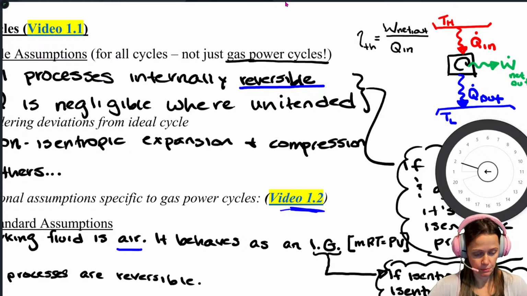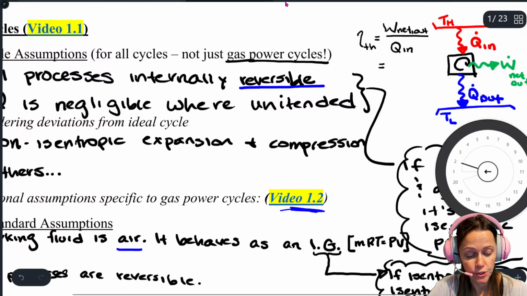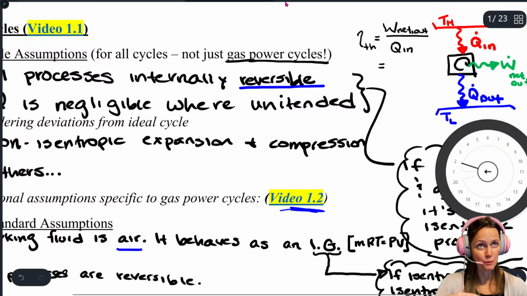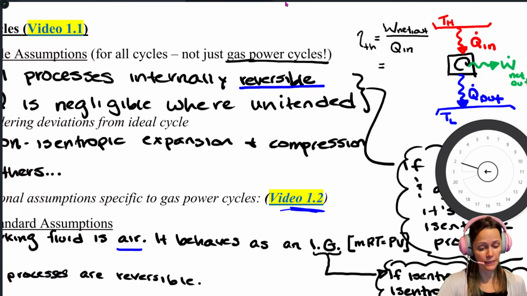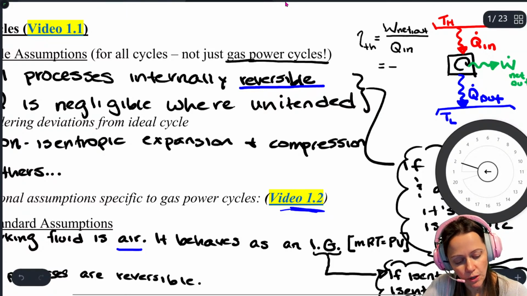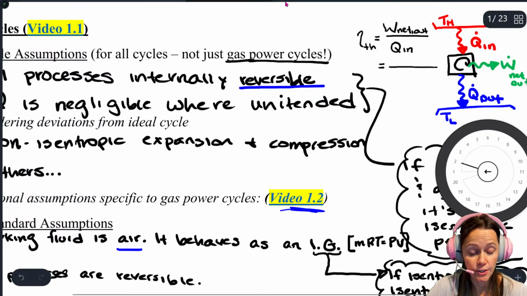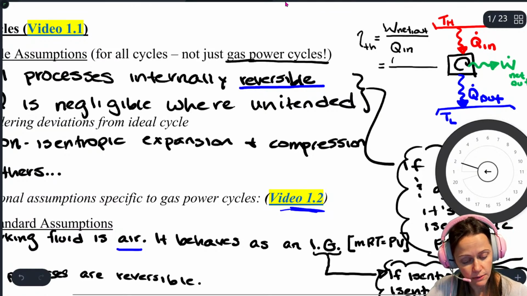You may also remember, and if you don't, I would encourage you to review the Thermo 1 Unit 4 playlist, that for any thermodynamic cycle, not just power cycles, work net out is equal to Q net in.